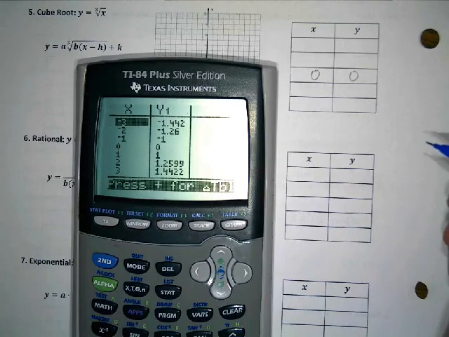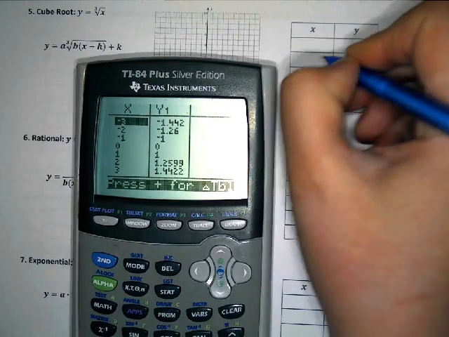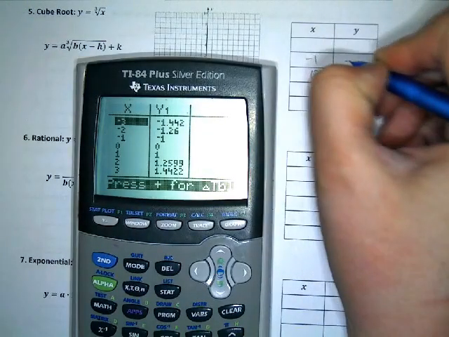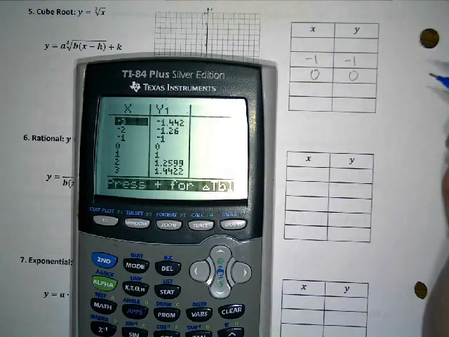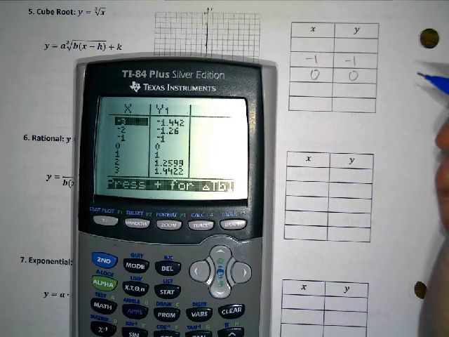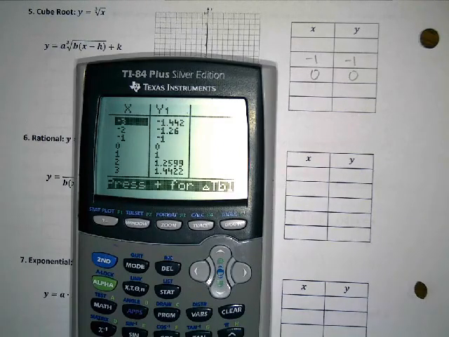So -1 is easy to cube root, and negatives are not the same within cube roots as they are within square roots. So within a square root, you can't square root a negative because you would be saying what number times itself is a negative number, and that's not possible. You can't have two numbers multiplied together equaling a negative.